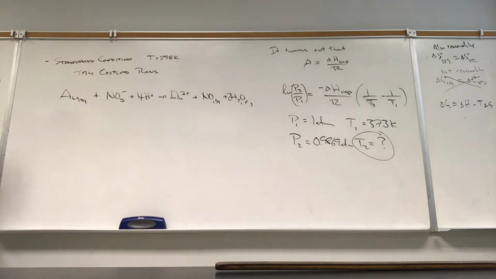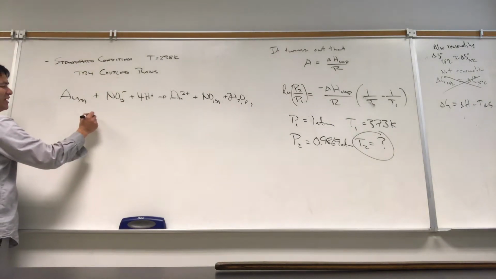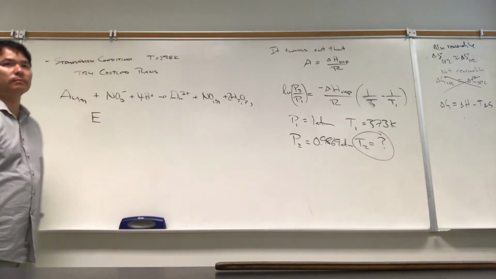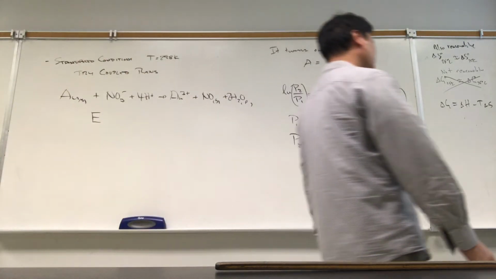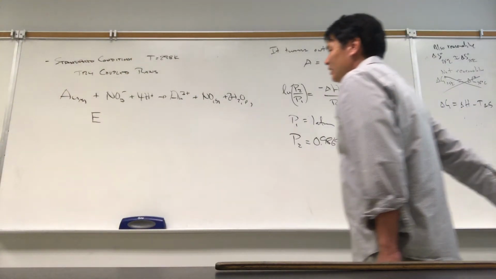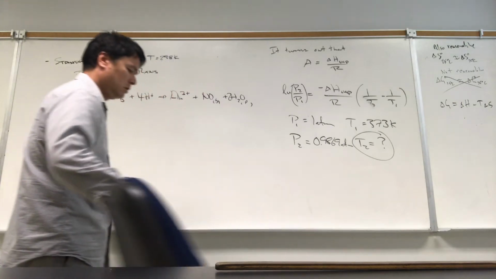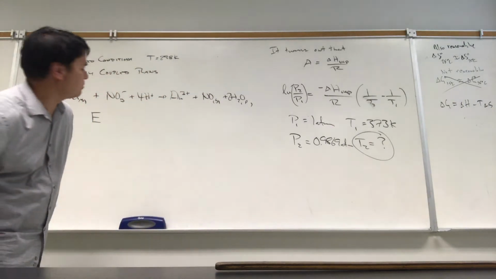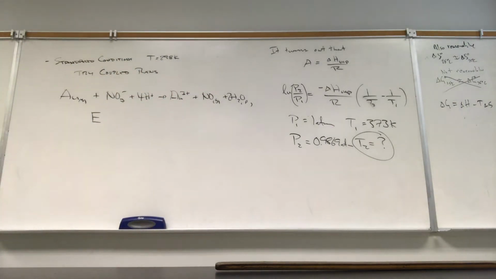What's happening with the energy here? Is the energy going up or the energy going down? Enthalpy, let's say. We're going to be doing this under constant pressure conditions, so we'll just say enthalpy for the energy. But is the energy going up or down?